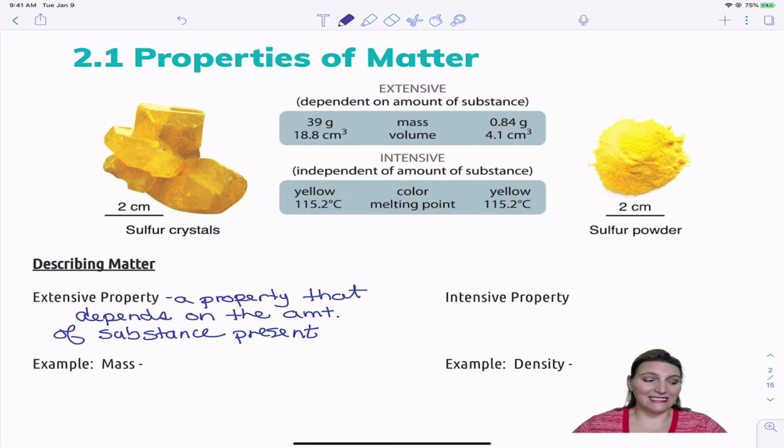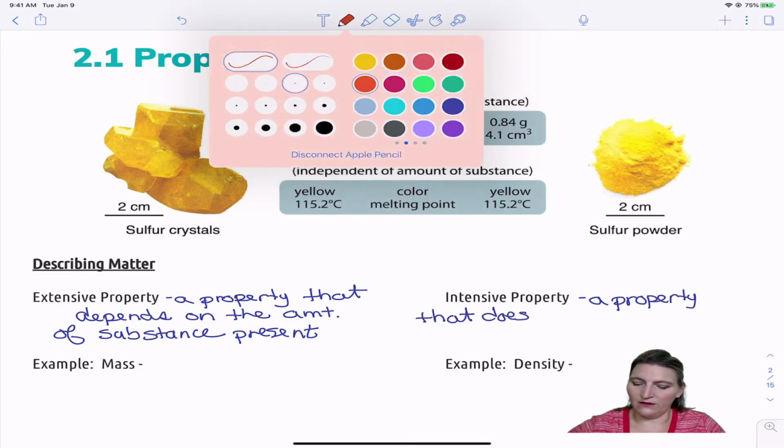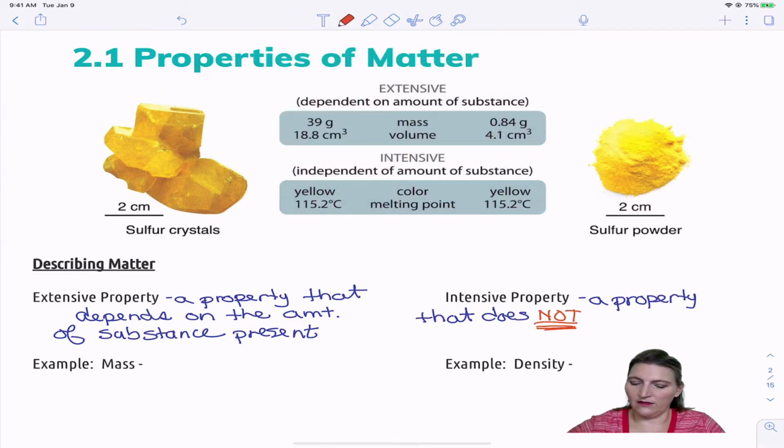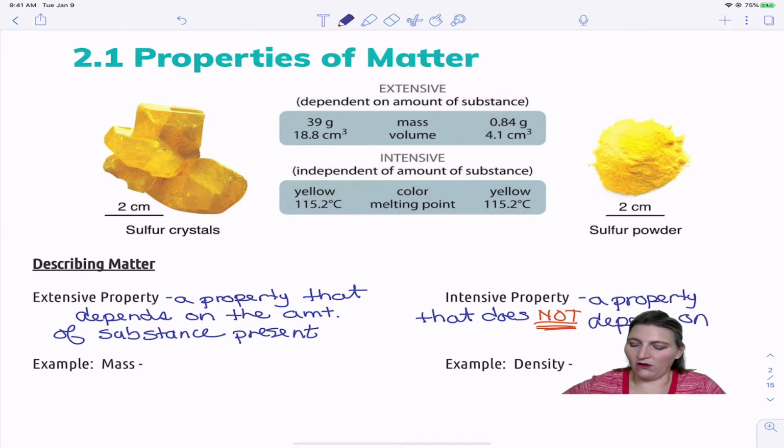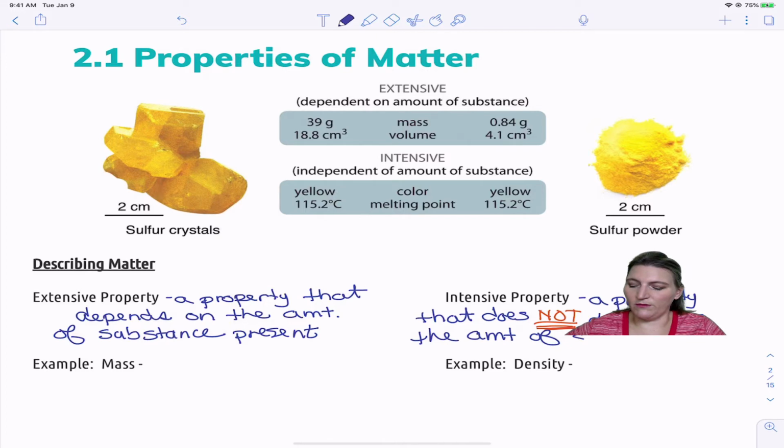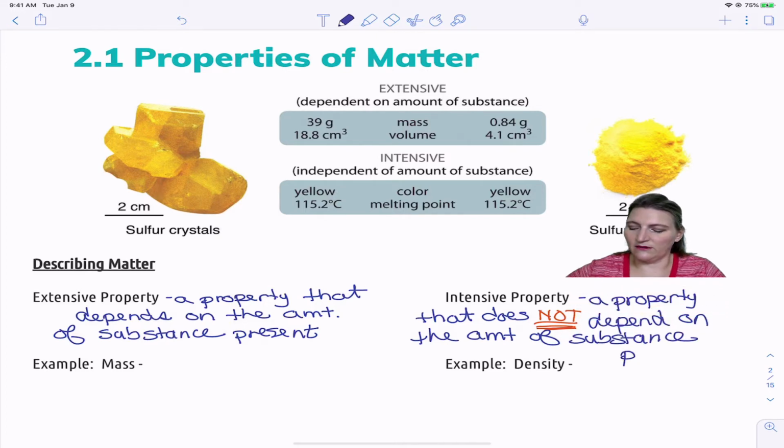And then what is an intensive property? It's the exact opposite, right? A property that does not depend on the amount of the substance present. And I'm going to change the color of my pen just to get a little bit more emphasis there. So that does not depend on the amount of substance present.